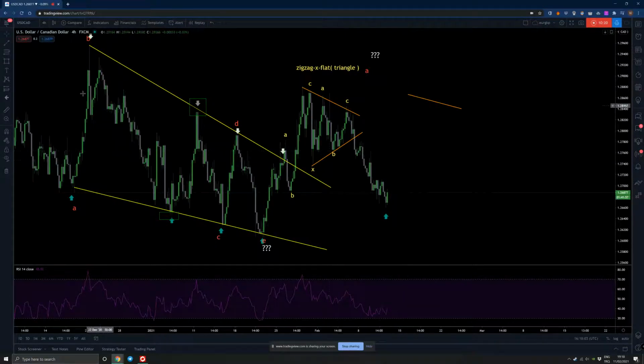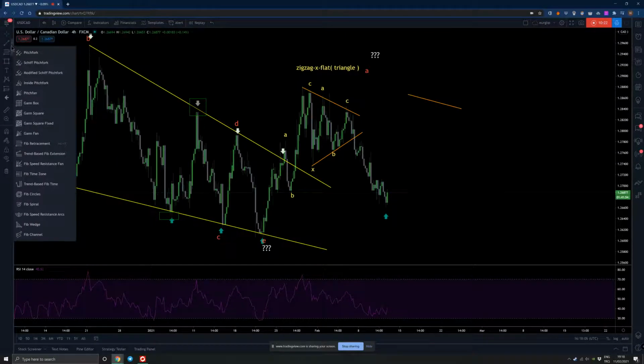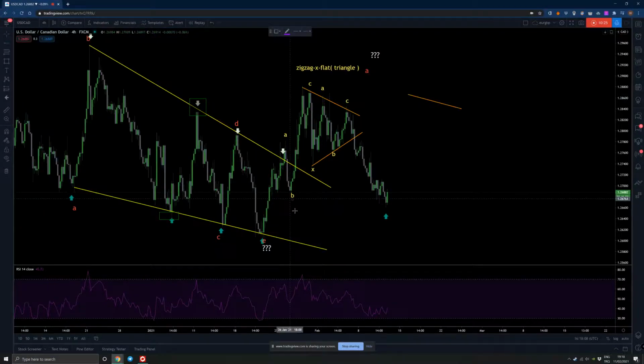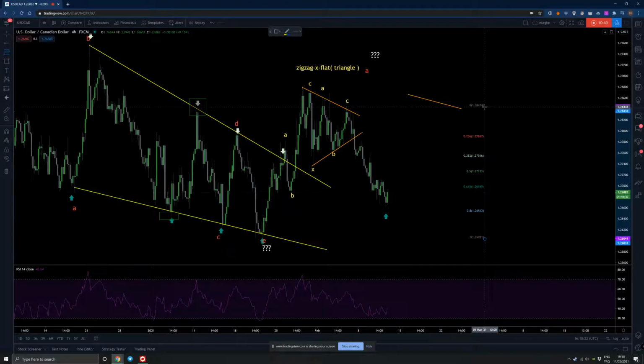So what I would do next, before making any more options for myself, is ask where does this wave start? Well, it starts here. And where does this end? Okay, so in my book, it ends somewhere around here. If that's the case, we should have a Fibonacci from here to the end.